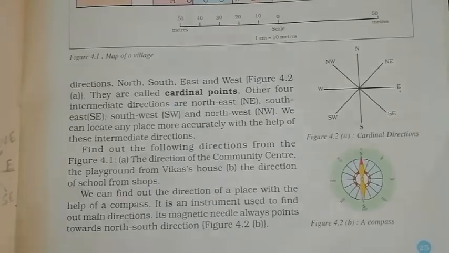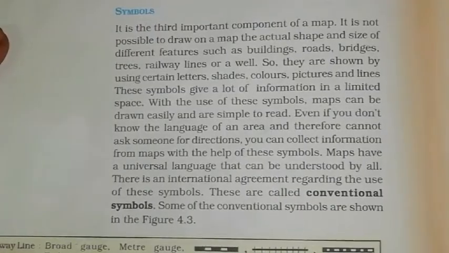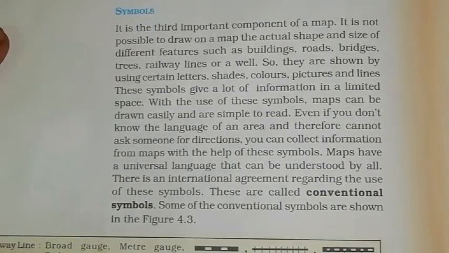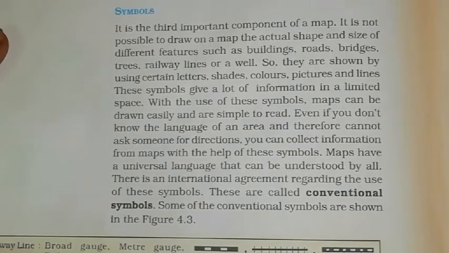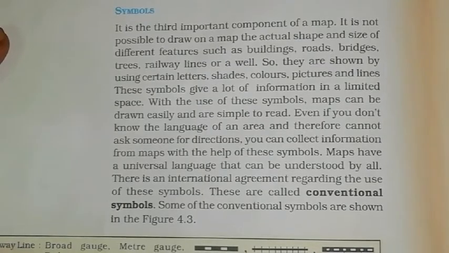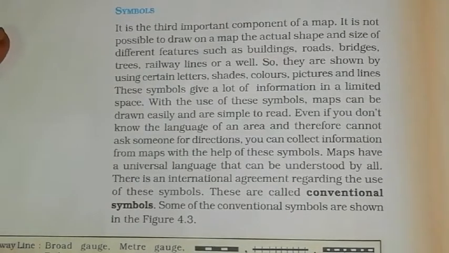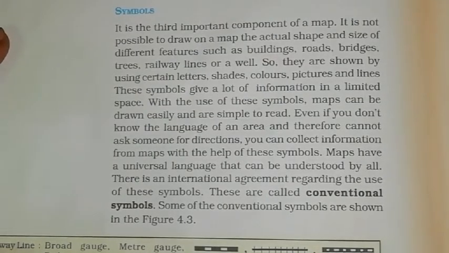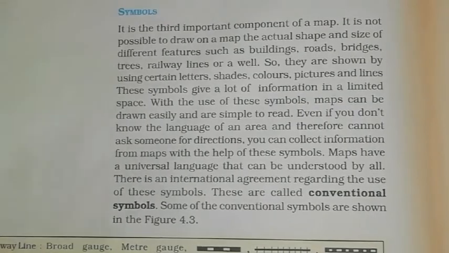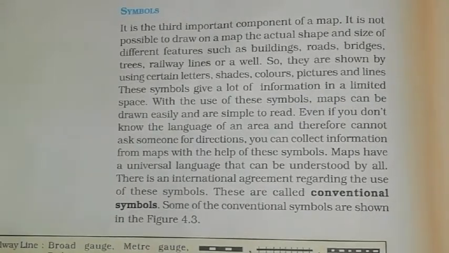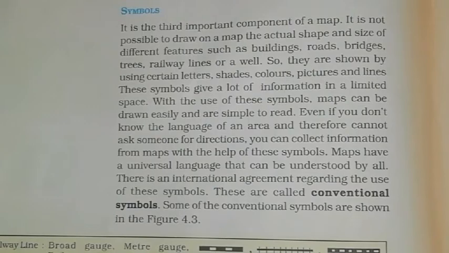Okay, so the third component of a map is the symbol. It is the third important component of a map. It is not possible to draw a map on a surface in the actual shape and size. We cannot draw the actual shape and size of an object, buildings or roads, etc., on a piece of paper.